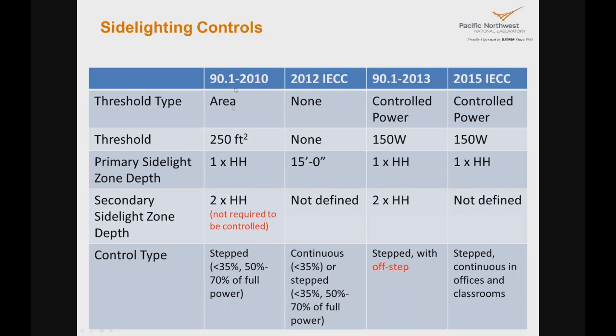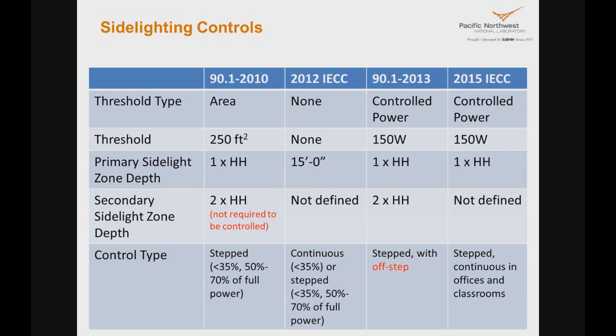So in 90.1/2010, you could leave 34% of the lights on or 35% of the lights on, whereas in 2013, you could not do that. You would have to turn the lights all the way off. So that was an additional step that was added that generated a significant amount of savings. But designers should be warned that turning the lights all the way off can throw some people off.